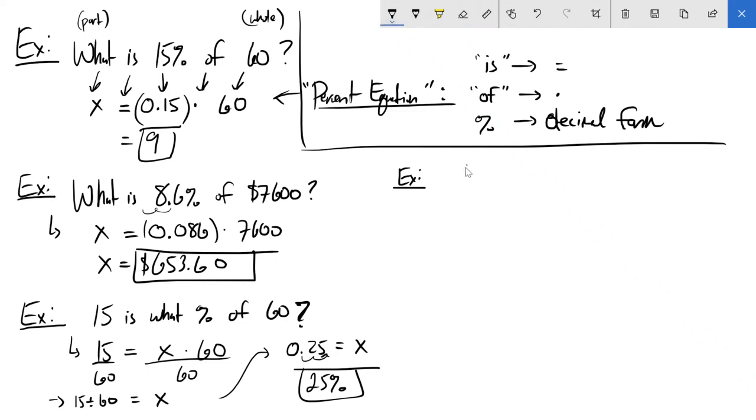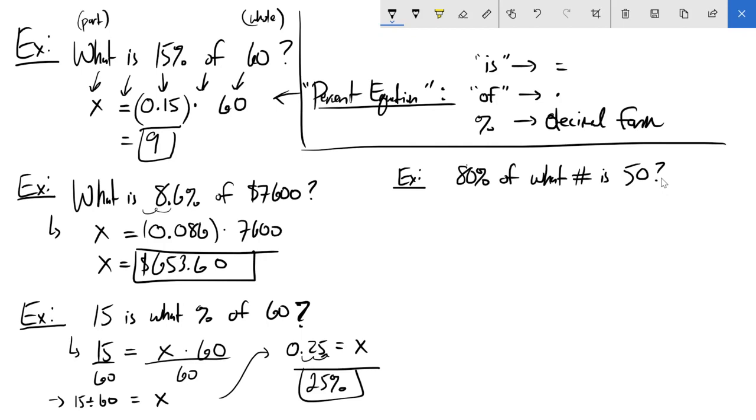Let's say my question was, 80% of what number is 50, right? This is an even different question because I'm saying there's some percentage of a number. 80% of what number is 50? So 50 is like a percentage of a number, right?